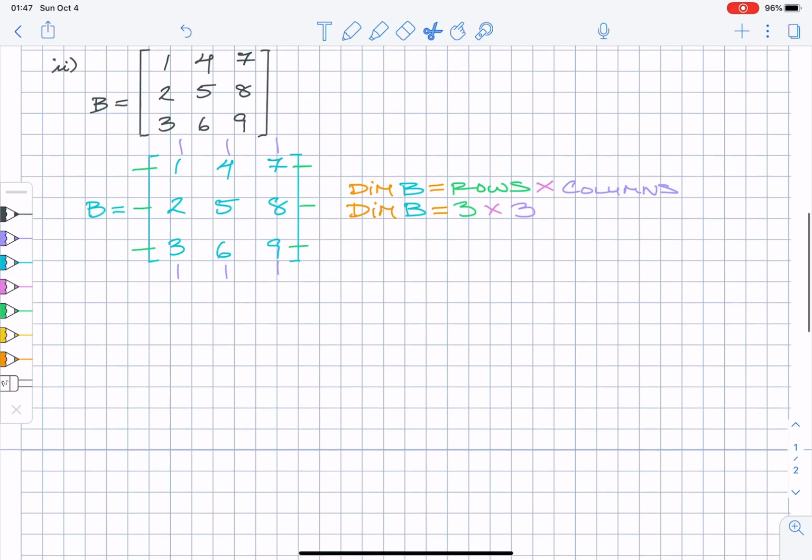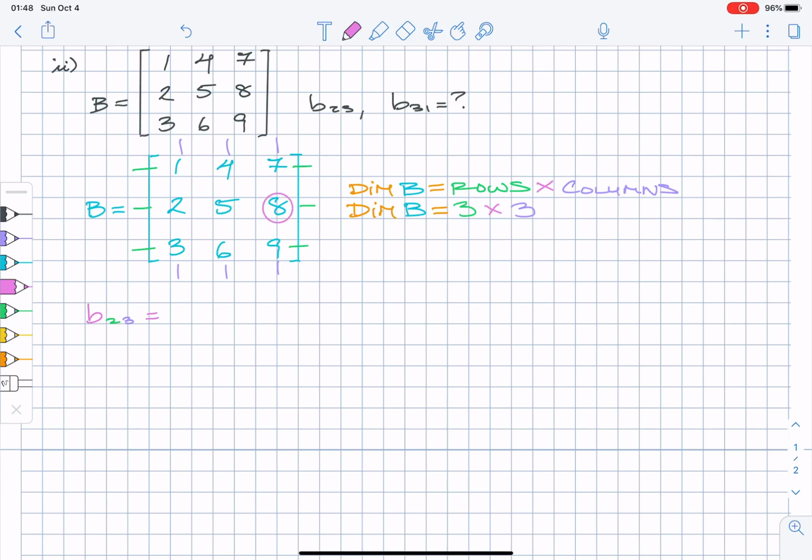Okay, now let's find some entries. Let's do B sub 2, 3 and B sub 3, 1 equals question mark. Okay, so B sub 2, 3 means the entry that's in the second row and the third column.